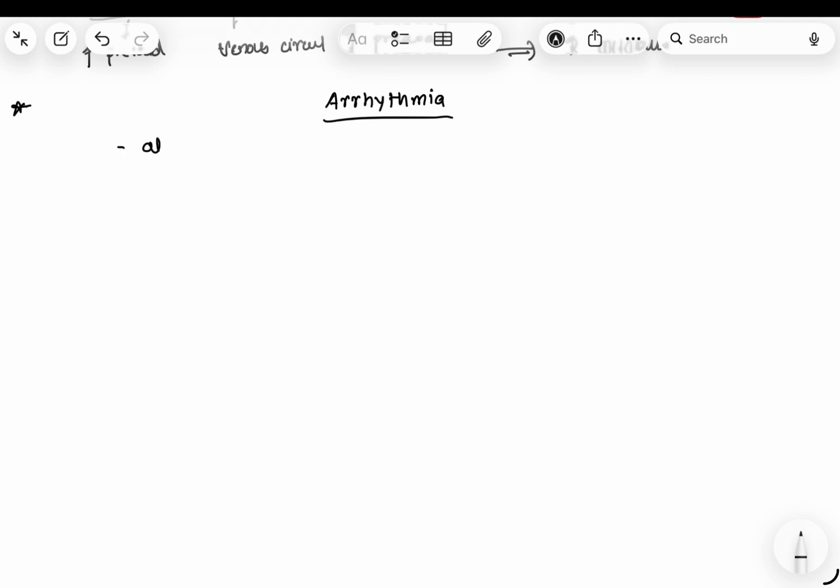So what is arrhythmia? It is an abnormal heart rhythm. It could be fast or it could be slow.